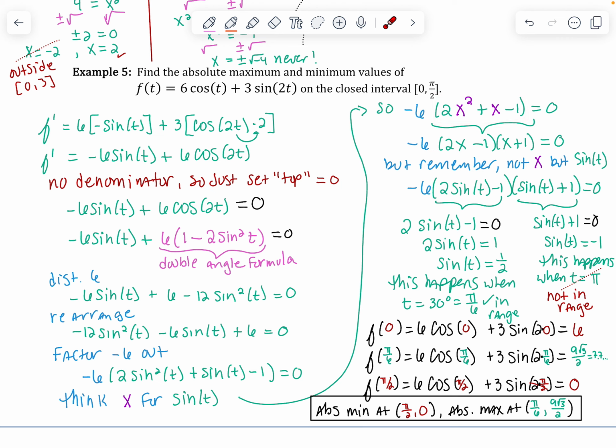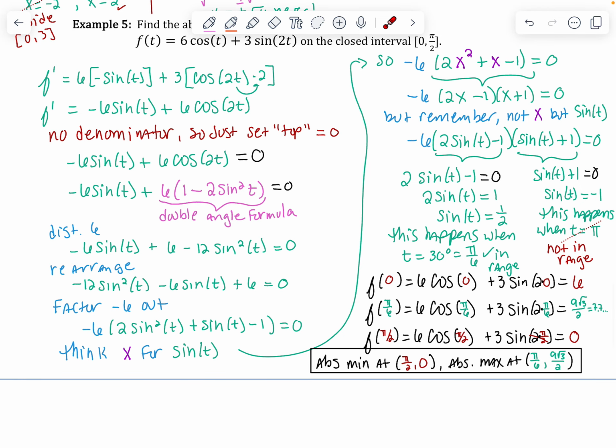Looking at this trinomial, if it begins with a 2x squared, then I'm going to have a trinomial where one factor begins with a 2x and one begins with a single x. And the only way I can get a negative 1 at the end is either minus 1 plus 1, or plus 1 minus 1, but you want to do the math so that this gives you negative x, positive 2x, to end with a middle term of positive 1x.